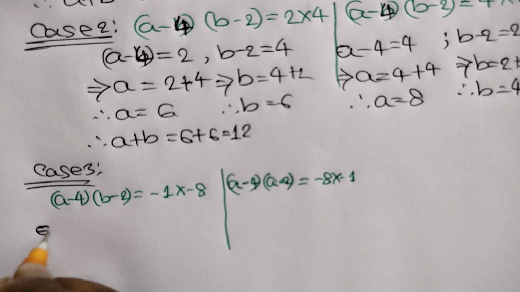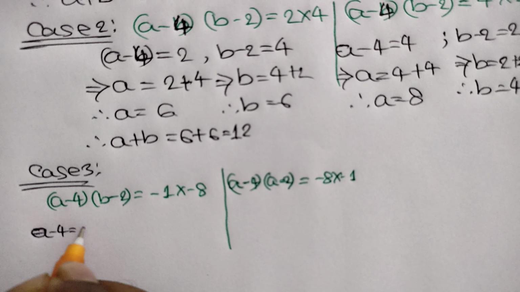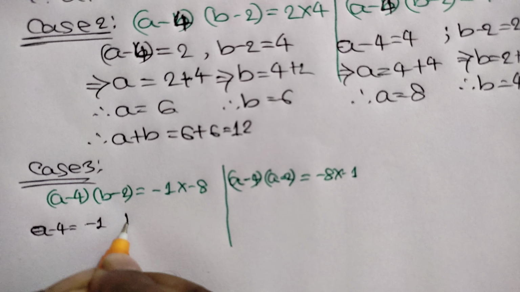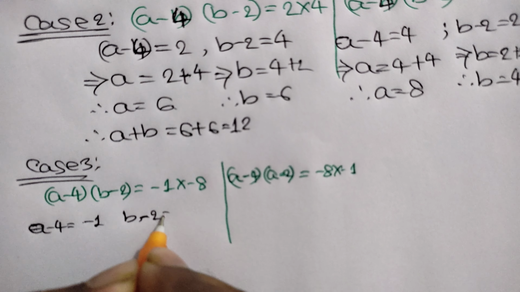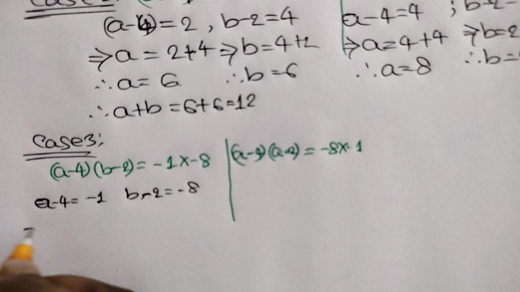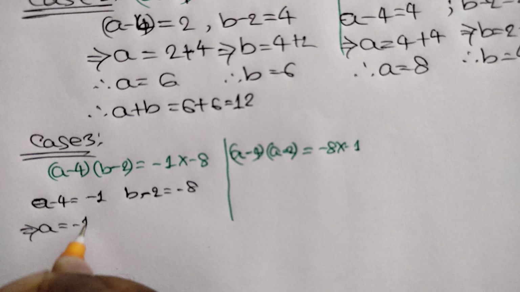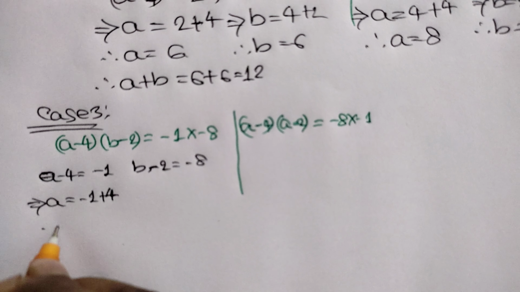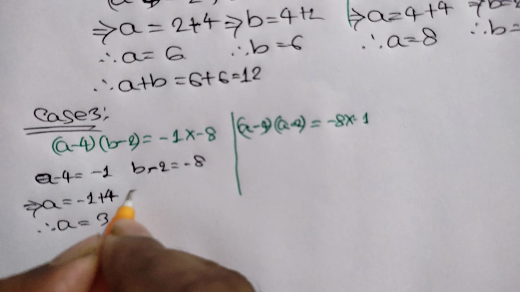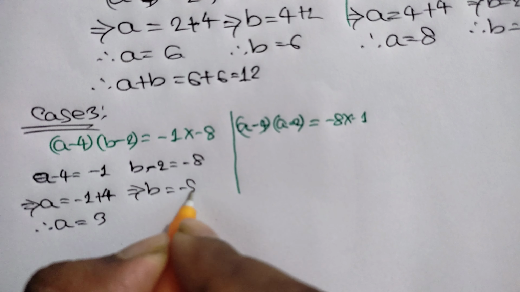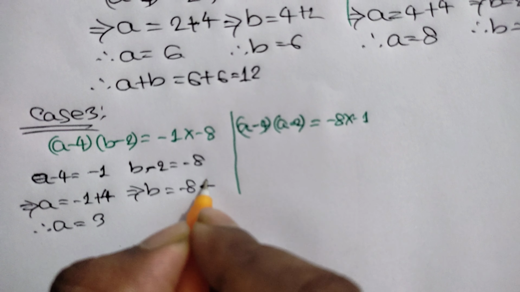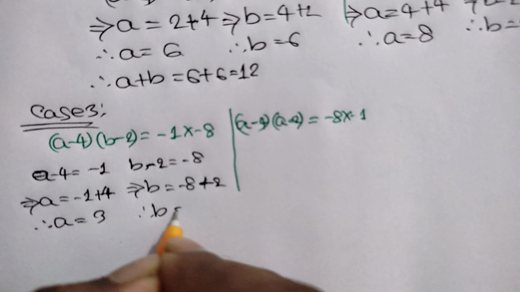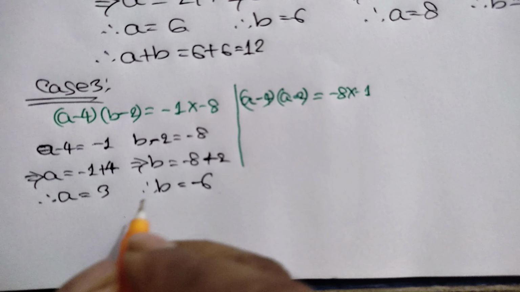So we can write a minus 4 is equal to negative 1 and b minus 2 is equal to negative 8, or a is equal to negative 1 plus 4, so a is equal to 3, or b is equal to negative 8 plus 2, so b is equal to negative 6.